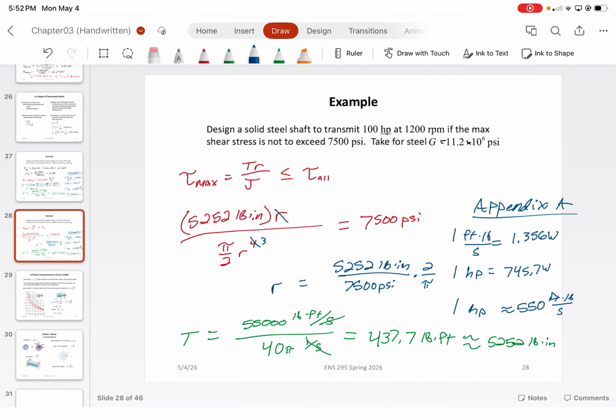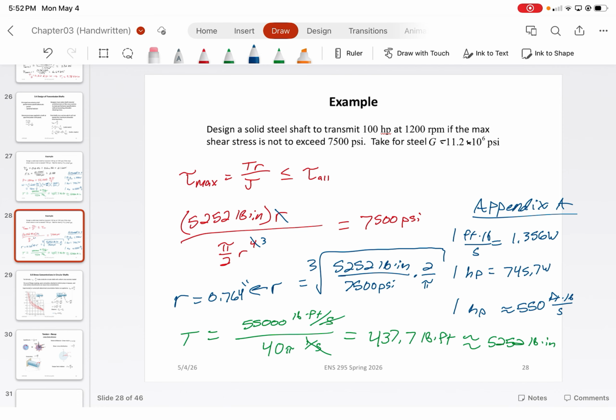Take the cube root of that whole thing. And then r ends up equaling approximately 0.764 inches.